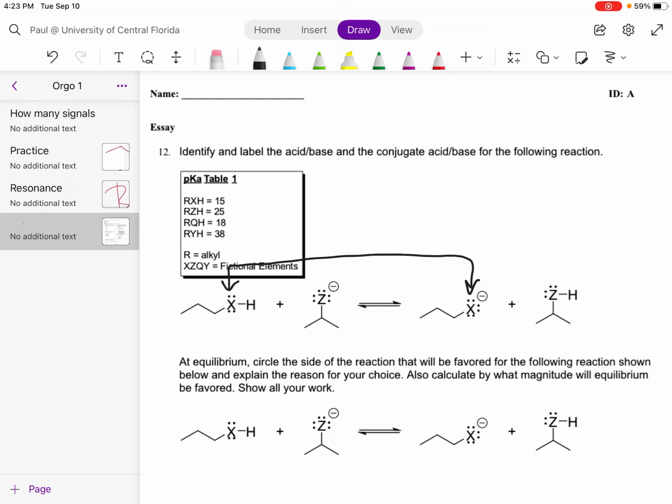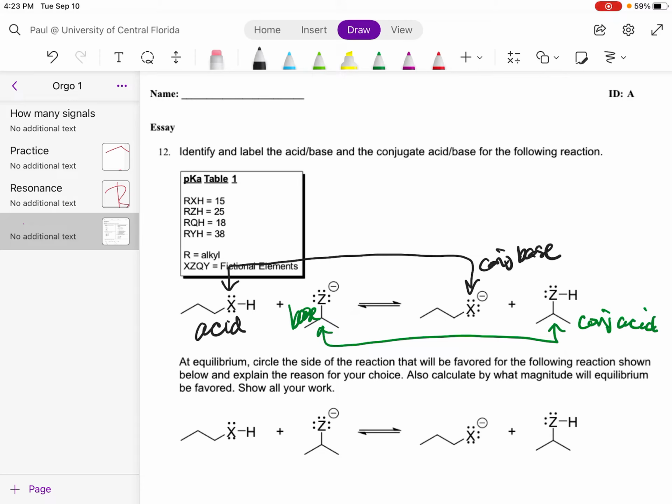So we're losing a proton, so that makes that the acid. And then we are going from here to there. And that's gaining, so that would have to make that the base. And so that would be the conjugate acid, and that would be the conjugate base. Like that.